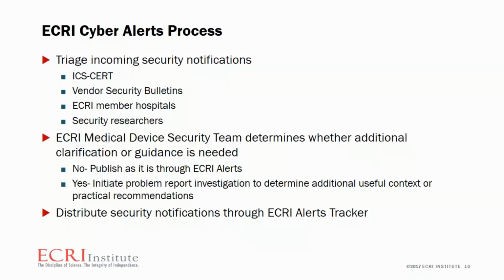And that's where we can leverage ECRI's internal resources as well as our product security contacts at medical device vendors to clarify and identify additional recommendations that could be acted upon. Finally, these are all still distributed through ECRI's centralized alerts tracker software. And I will take a look at a few examples of the items where we thought additional ECRI commentary would be valuable.